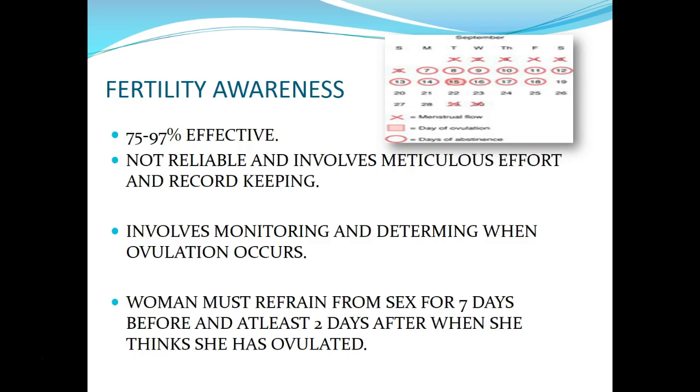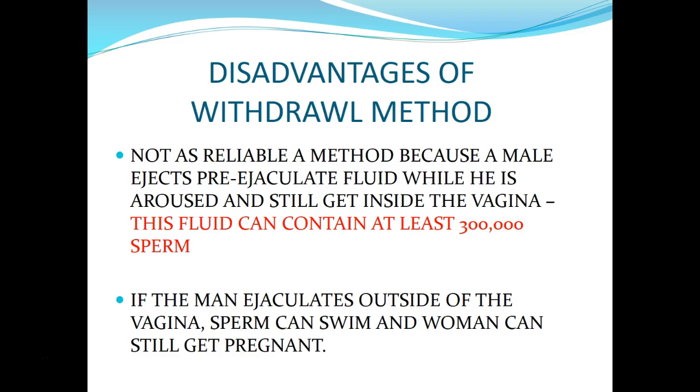Okay, let's move back to disadvantages of the withdrawal for a second. So we said that this is a natural contraceptive method, but it's also termed situational contraception. So it's a situation you're in, and you have to do what you can, right? Another situational contraceptive method are spermicides, and they're inserted into the vagina, and they kill sperm prior to intercourse.